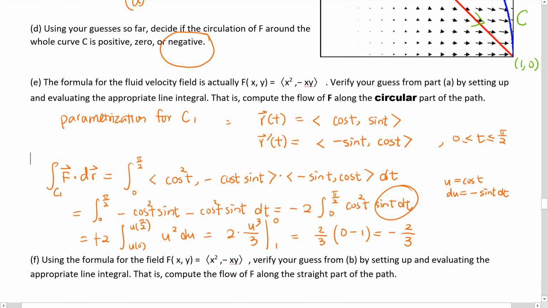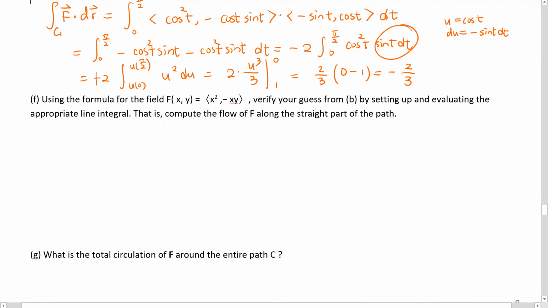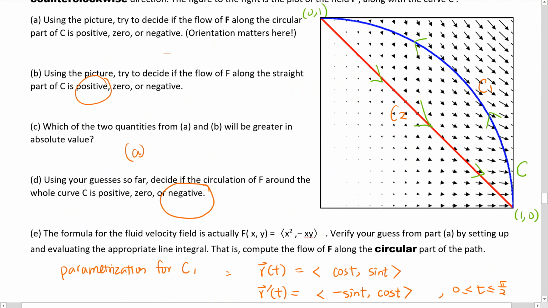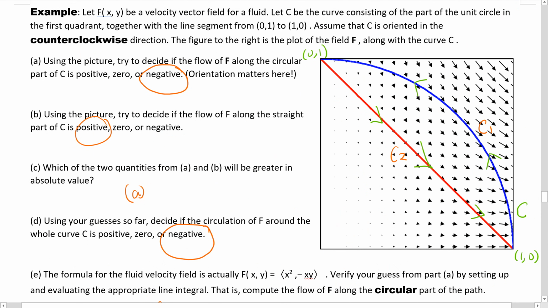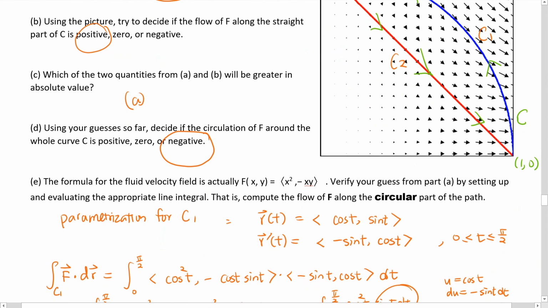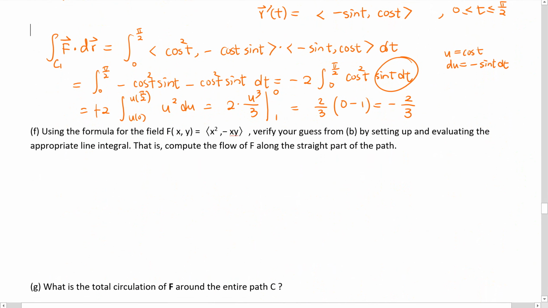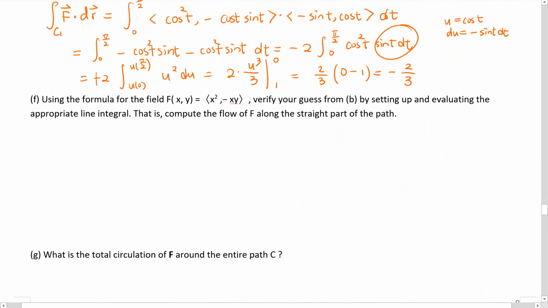Okay, let's continue. So using the formula, verify our guess from part B by setting up and evaluating the appropriate line integral. So we have the curve, it passes through 0, 1 and 1, 0. So it's from 0, 1 to 1, 0. To find a parameterization for it, this is a line segment, right? We need to find the direction and a point on it.